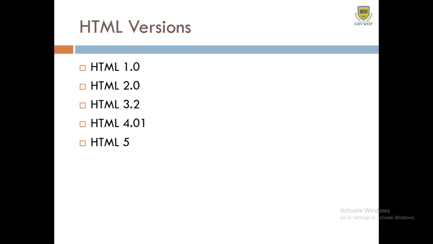There are two major organizations involved in developing HTML5: one we already came to know in the previous version, W3C, the World Wide Web Consortium, and another is the Web Hypertext Application Technology Working Group. These are involved in developing the HTML5 version, and it is still under development.